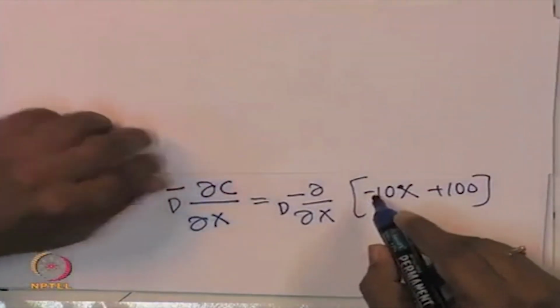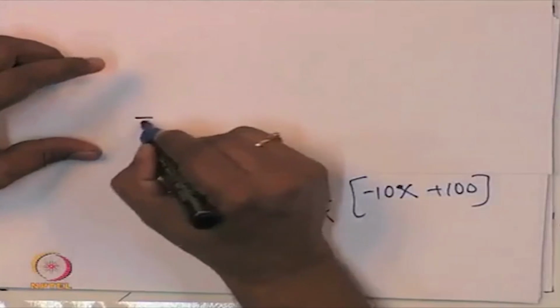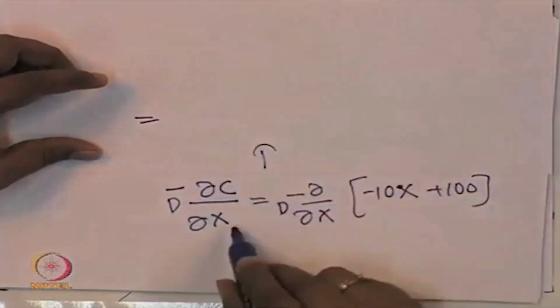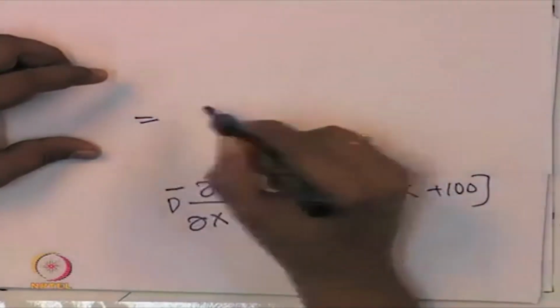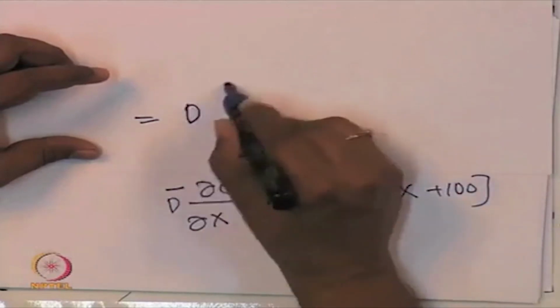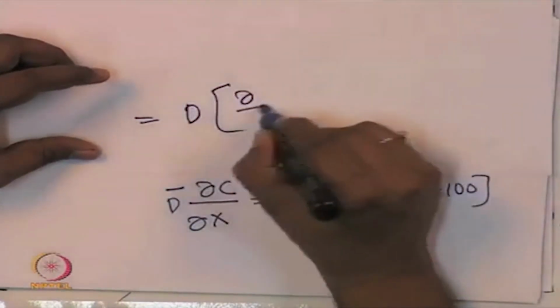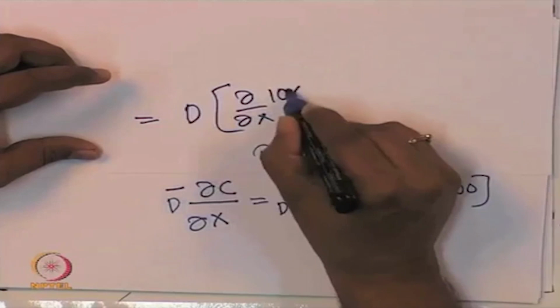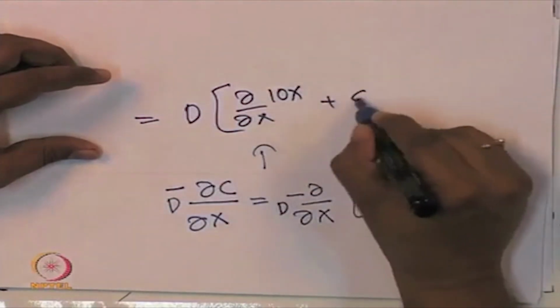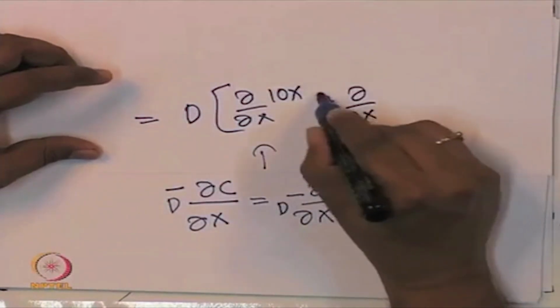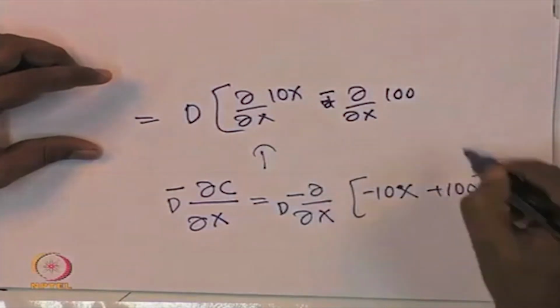This will lead to D into del by del x of 10 x, plus minus del by del x of 100.